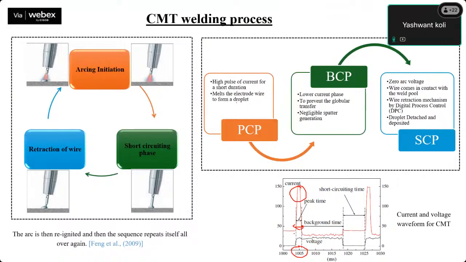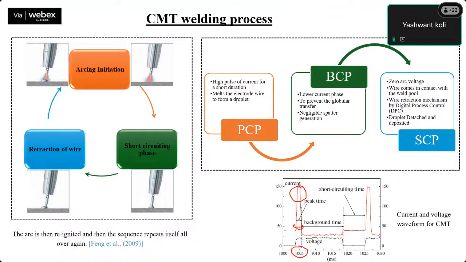Why? To melt the electrode wire to form a droplet. We give the high intensity of current just to form a droplet.